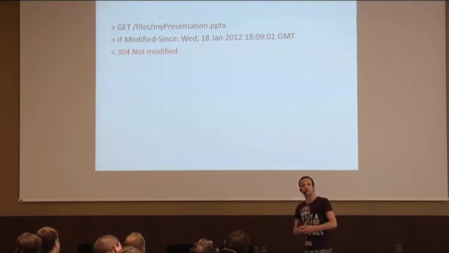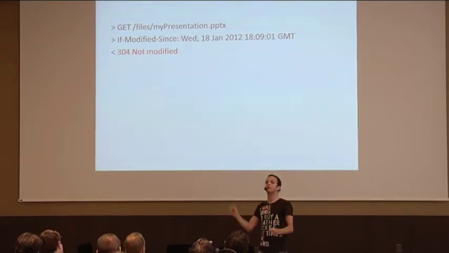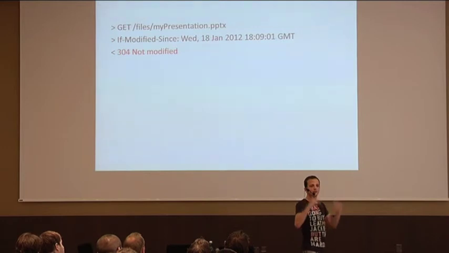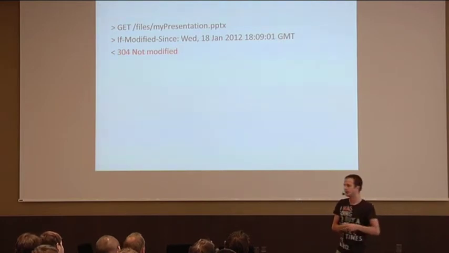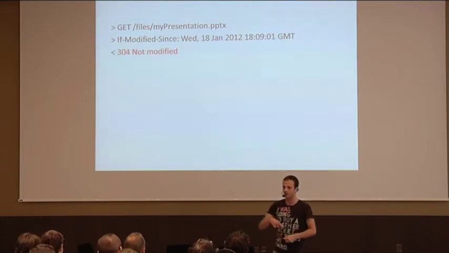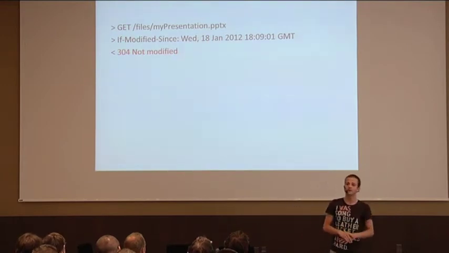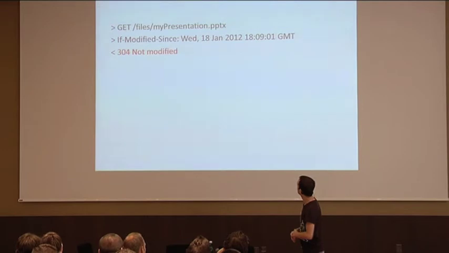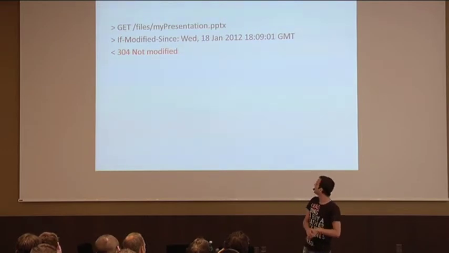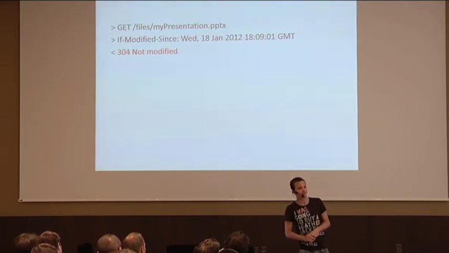If it has not changed, then we just return a 304. And that 304 means we don't have to re-download the content. Now, all this stuff, when you expose a file over IIS, is done for you. If you generate dynamic content yourself, then you may have to implement this yourself.